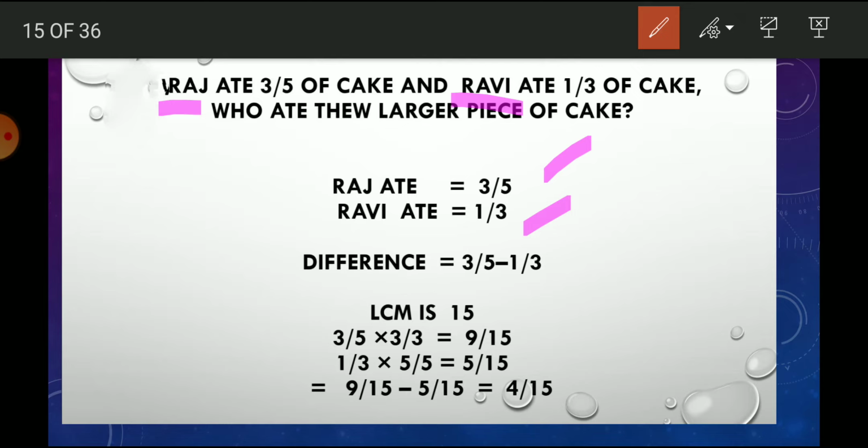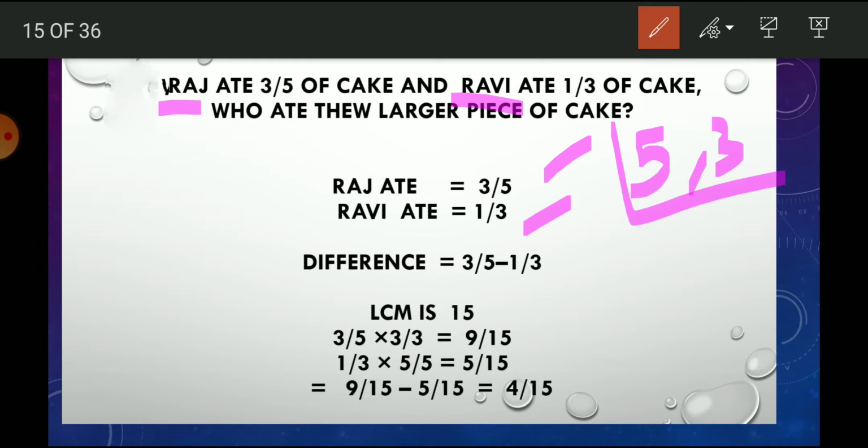Okay, so here we should find out the difference between both of them. If we want to find the difference, it is called a subtraction. If we subtract the two fractions, we should check whether the denominators are the same or not. Here the 5 and 3, both of them are different. After that what we do, we should find out the LCM.